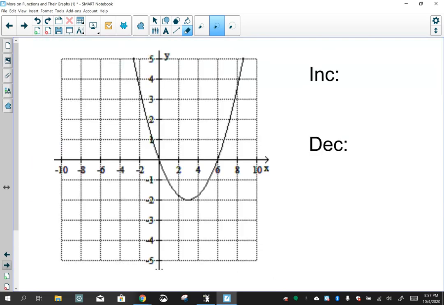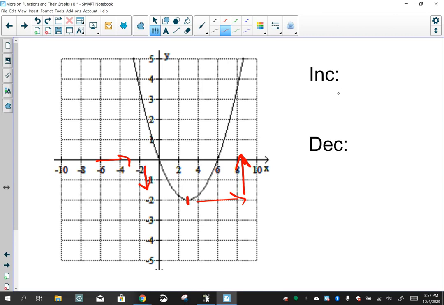All right. Let's try one more. Again, intervals of increase and decrease. As my x's are increasing here, my y's are decreasing to about right there. So there's my turn point. I'm decreasing, I turn, and then as my x's get bigger, my y's increase.